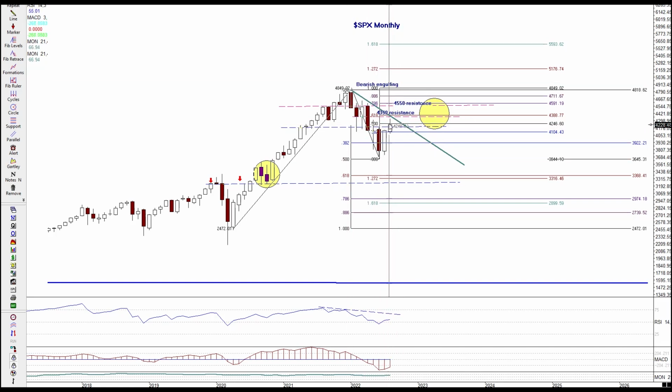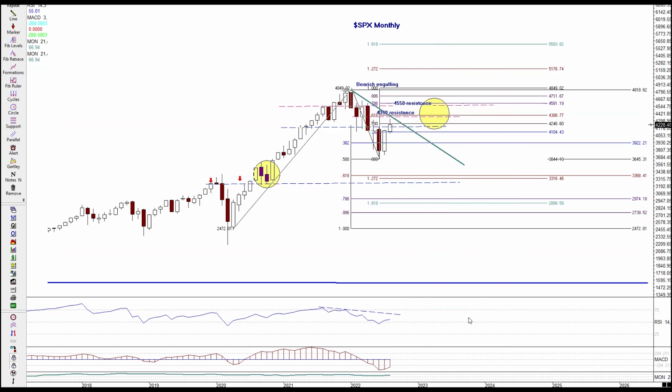Now, notice that so far this month, the month is not closed yet, so we still have several trading days left in the month of August, but so far the close is below this 0.50, and I suspect that we may stay below here for a little bit and start to do some kind of back and forth. But you can see the trend line here. I'm going to show you another trend line on the daily chart in just a minute, and it's hit the resistance there as well. So let's move now.